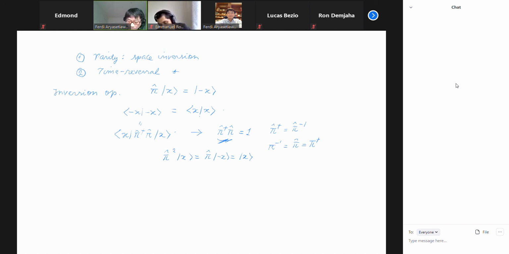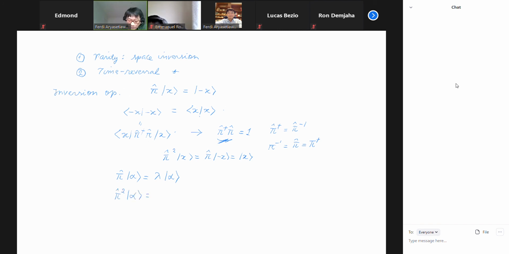And we can also show that this inversion operator has eigenvalues equal to plus or minus 1. We take a state alpha, an eigenstate of the inversion operator with eigenvalue alpha, and we apply the inversion operator again.